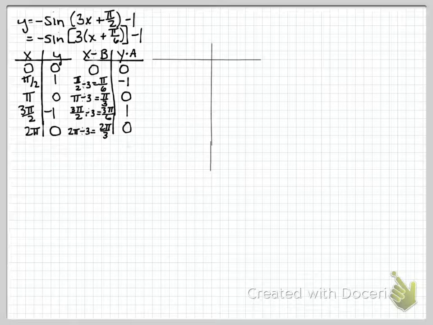So I'm going to be subtracting pi over 6 this time. So for the first one, 0 minus pi over 6. That's just negative pi over 6.